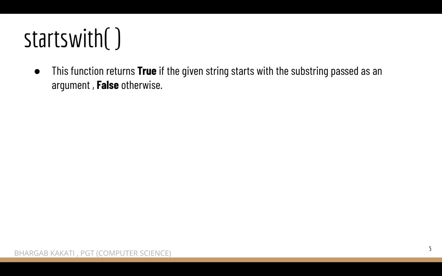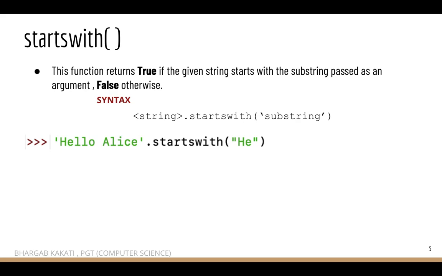If you put a substring by which it does not begin, then it will return false. For example, string dot starts with substring, and take this as an example, hello Alice dot starts with he. Does the string hello Alice start with he? Yes, it starts with he, therefore it will return true.